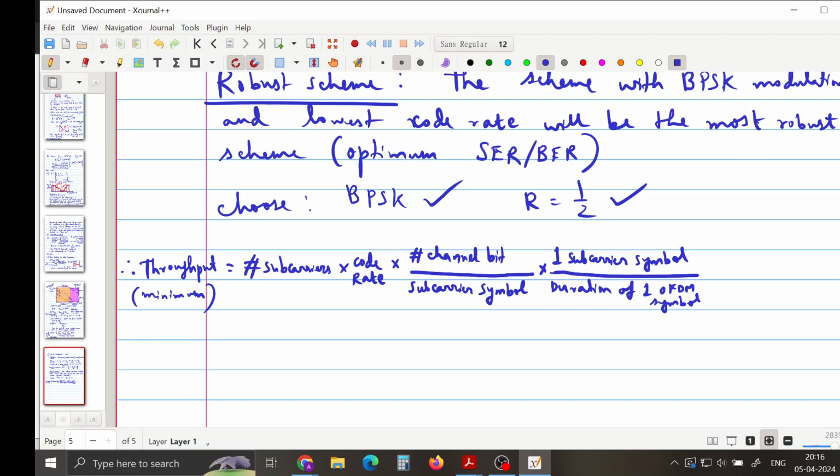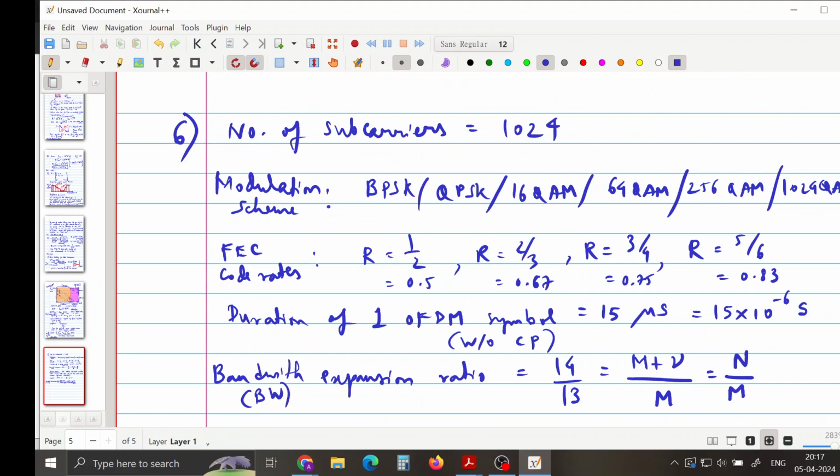What I am doing here is that from the constellation or from the modulation, I have this number of bits per symbol. Okay, and each OFDM symbol is also having some duration, right? And in this question, I think it's 15 microseconds or so.